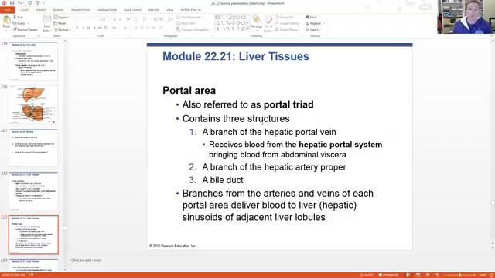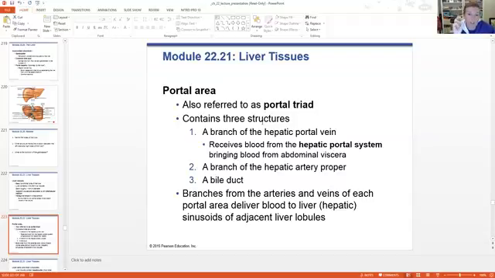Guess what? One of those structures, pick a color, is a branch of the hepatic portal vein. That branch is receiving blood from the hepatic portal system, which is bringing the blood fresh from the intestinal tract right into the liver. Remember? All routed over to the liver first. One of those colors is a branch of the hepatic artery.